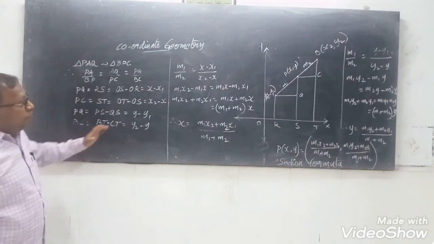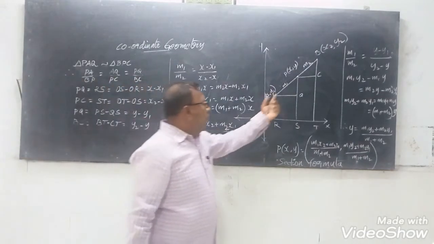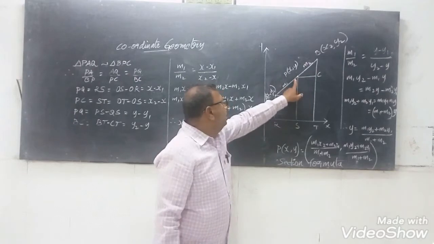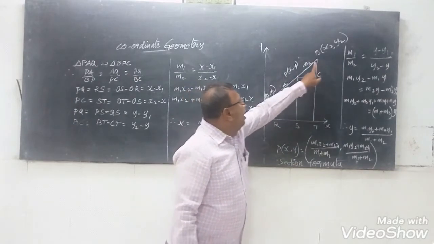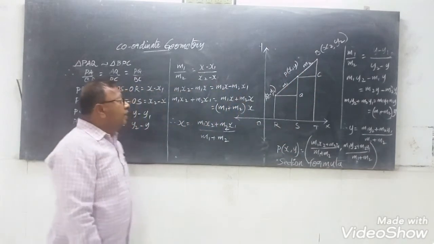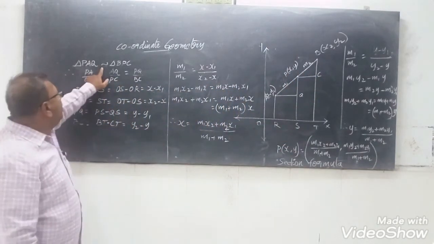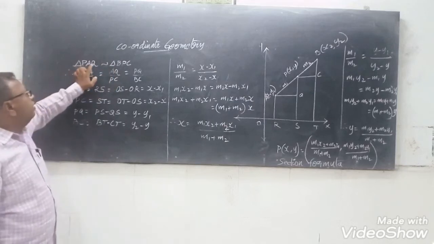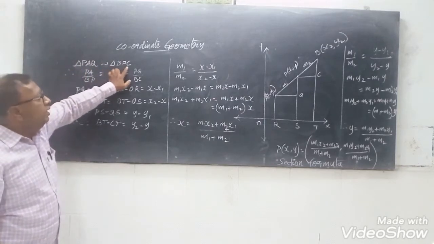Now here if you observe carefully, we have two triangles. One is PAQ and the other is BPC. Both these triangles are similar to each other. Triangle PAQ is similar to triangle BPC.